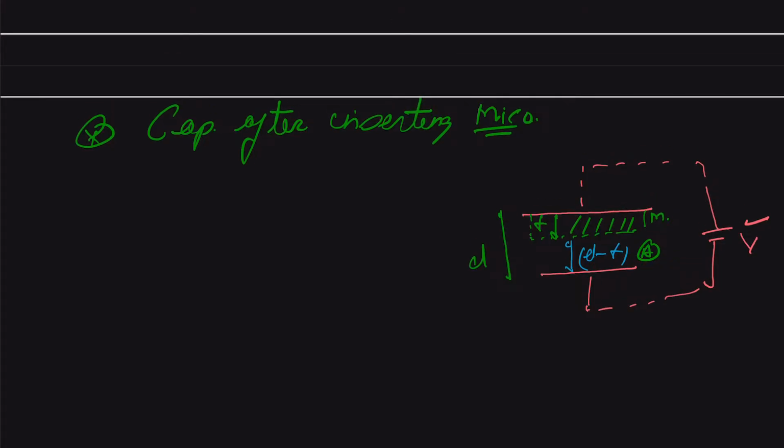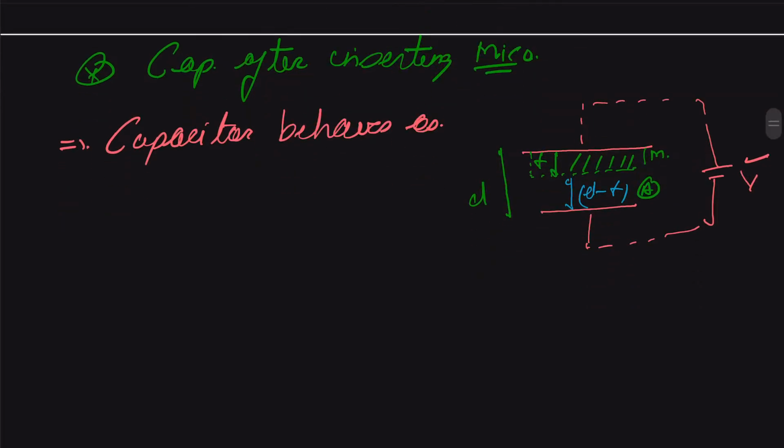Therefore from here we can write that the capacitance after inserting mica, our capacitor behaves as two capacitors connected in series.